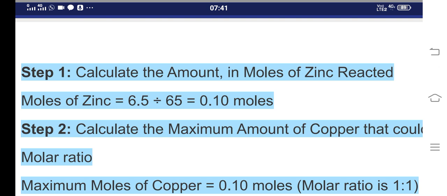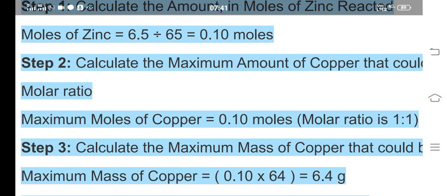Now step 1, calculate the amount in moles of zinc reacted. So moles of zinc equal to 6.5 divided by 65, and that will be 0.10 moles.